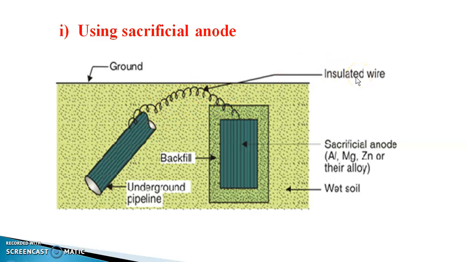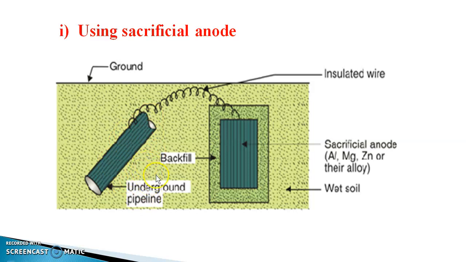The more active metals, aluminum, magnesium, zinc, act as an anode, and the anode itself gets corroded, but it keeps the main metal surface protected. Hence it is called the sacrificial anode method. It means the anode itself gets corroded, but your main metal surface remains protected.